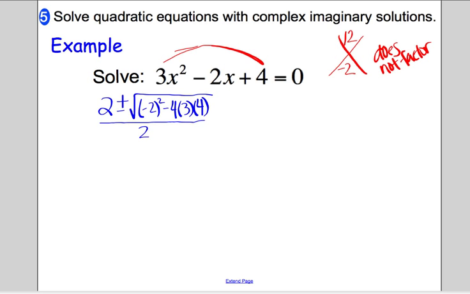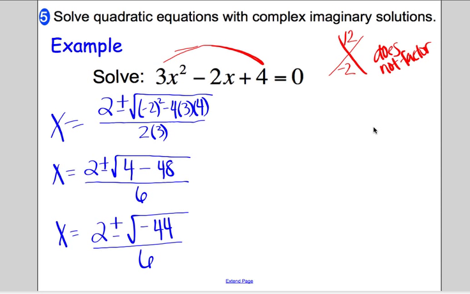Go ahead, pause your video, take a couple minutes, and see if you can get this down to look like an answer that we started the previous example with. So go ahead and just simplify this down as far as you can until you get to just a number plus or minus a square root over a number. Hopefully you got to x equals 2 plus or minus the square root of negative 44 all over 6.